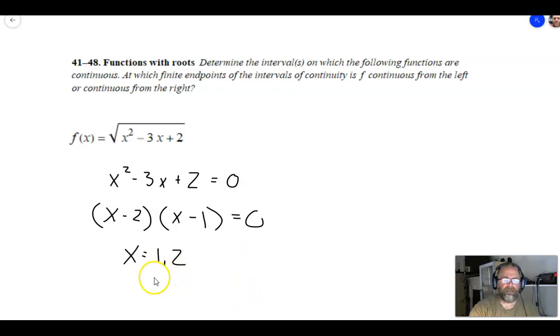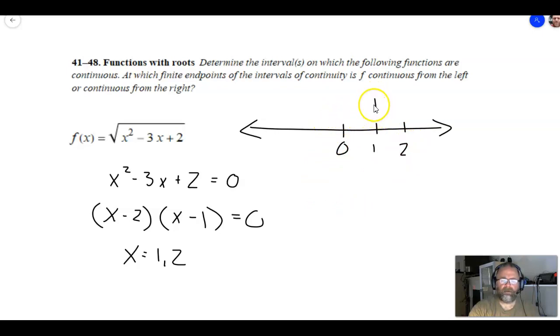So this means that if we look at a number line here, we have 0, 1, and 2. I want to take a look to see what the sign is below 1, and then between 1 and 2, and then above 2 here. I could have 3 different signs depending on the multiplicity here.